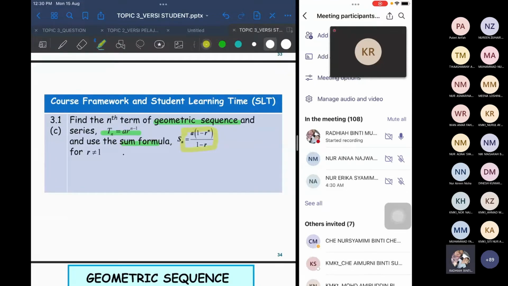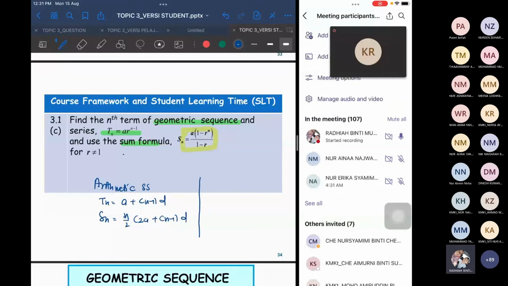Okay, so tadi kita belajar arithmetic sequence kan. Kita boleh nampak beza lah kan tadi kita belajar arithmetic tu. Sequence and series. Okay, so kita punya formula of n term kita adalah a plus n minus 1 times d. Okay, so kita punya sum n over 2, 2a plus n minus 1 times d.